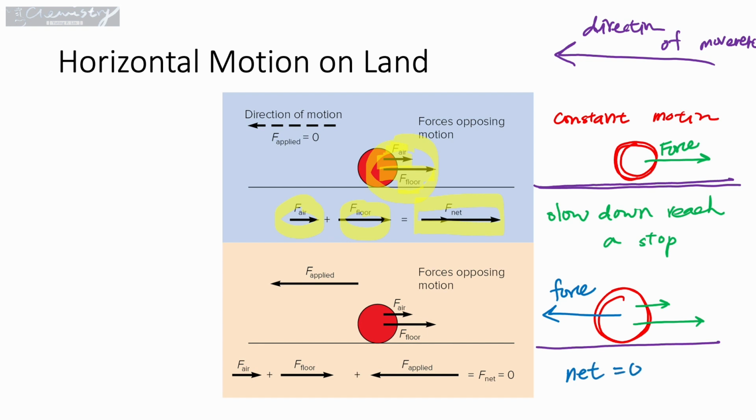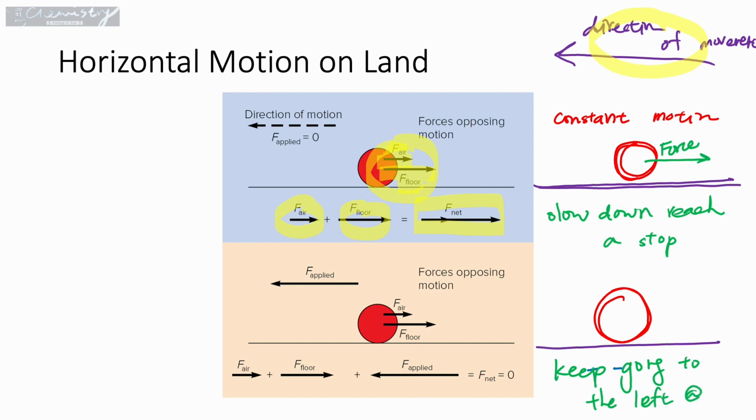Meaning that at the end of the day, there's no net force acting on the ball. So the ball is going to continue its direction of movement at constant velocity. So it's going to keep going to the left at constant velocity.